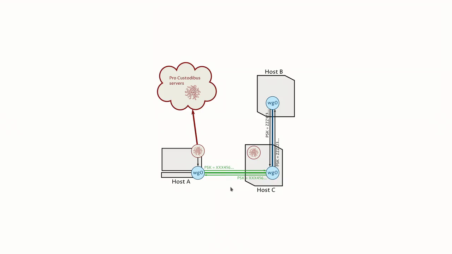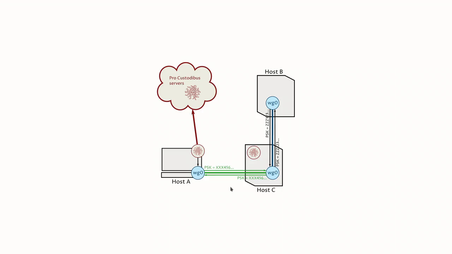So this is really cool because we take the standard WireGuard authentication mechanism, which mutually authenticates these two hosts using the public key pair stored on each host, and we layer on top of it an additional authentication mechanism where the user herself authenticates to Pro Custodibus using her own credentials.